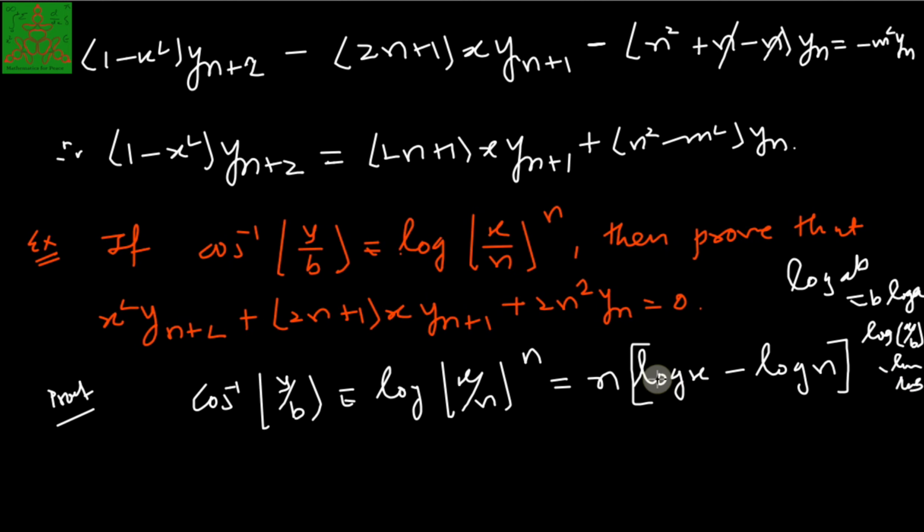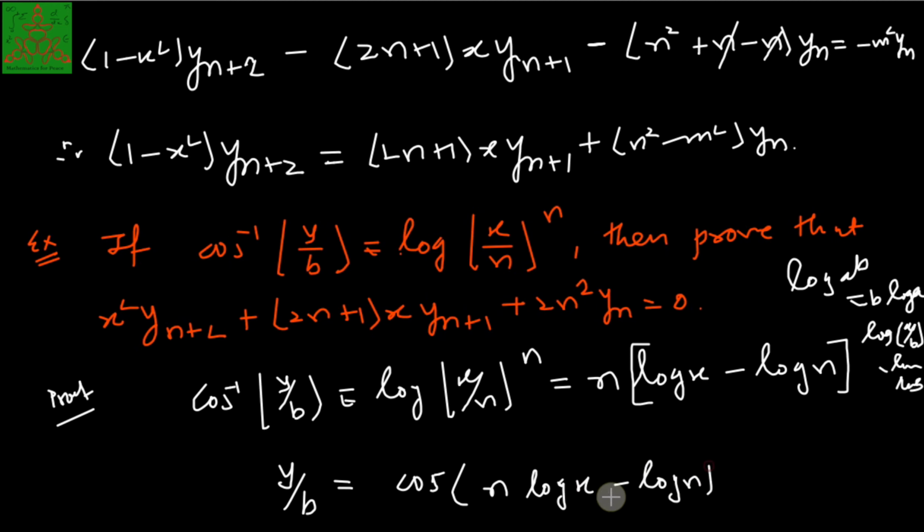So as per this we can write down these things, and if I apply cos both sides, then we'll have y by b equal to cos of n into log of x minus log of n.